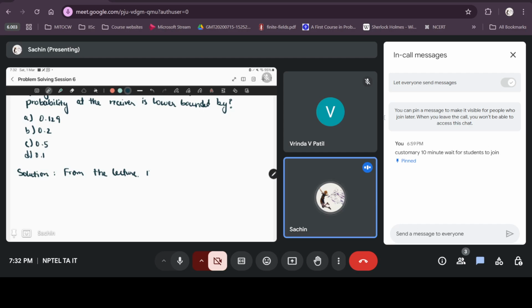Let's say 10B, right after the converse to the noisy channel coding theorem, slide 15, I think. Okay, we can refer to this.